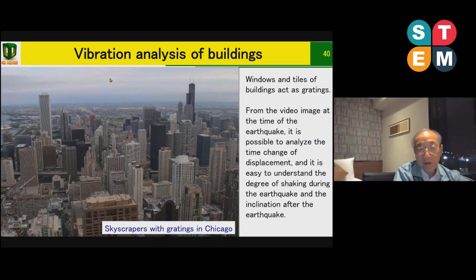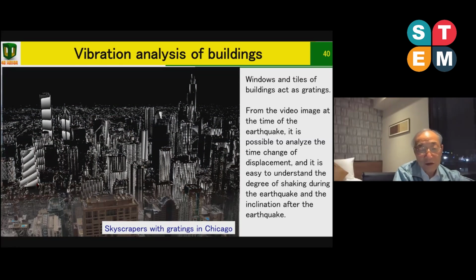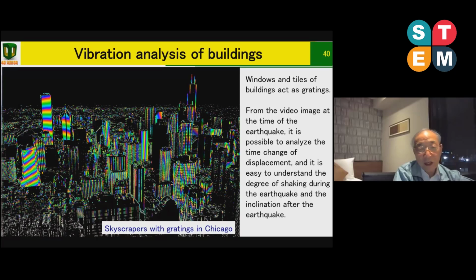So by analyzing the phase distribution of this grating, we can easily obtain the movement of the building during an earthquake, or after an earthquake, we can easily detect the deformation of the building. It's easy to calculate the phase by using our method.